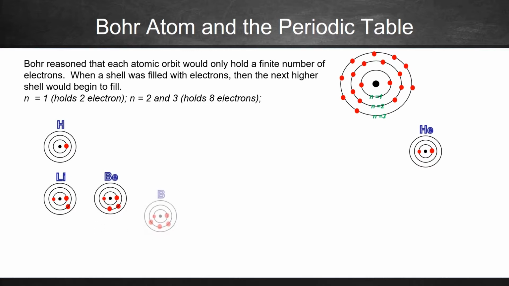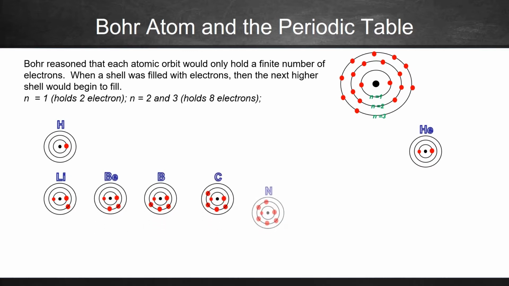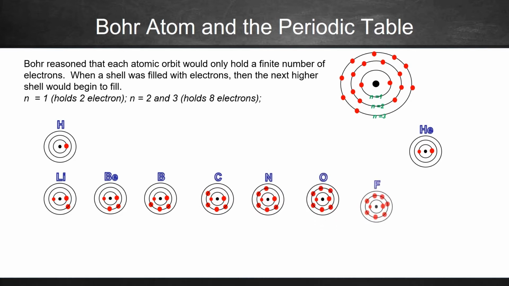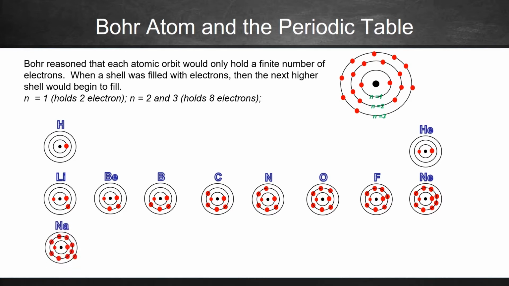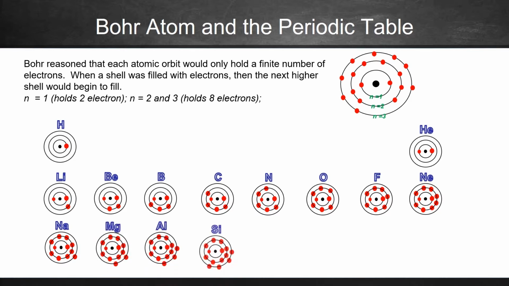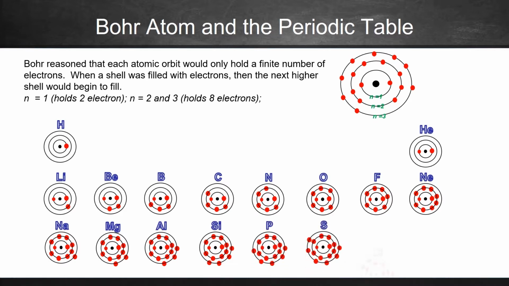We continue filling this n equals 2 shell with electrons as we go to larger and larger atoms until we finally reach neon, which has 10 electrons, which fill both the n equals 1 and the n equals 2 shells completely. For sodium, which has 11 electrons, the last electron has to go in the n equals 3 orbit, and we keep going, filling the n equals 3 shell until we get to argon, which again fills Bohr's n equals 1, 2, and 3 orbital shells.